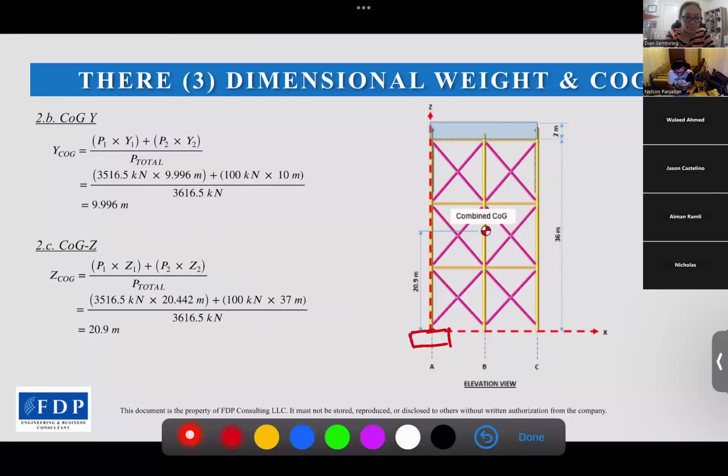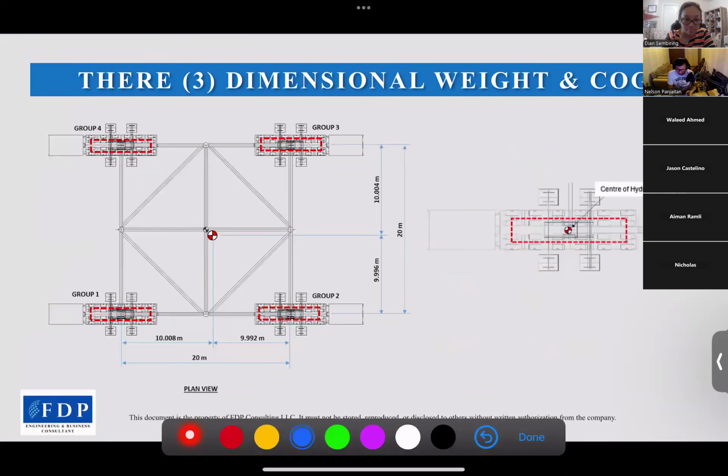Sometimes it's 7 degrees. Some projects use 9 degrees. So that's for the hydraulic groups of the SPMT, and how to find the reaction based on the COG.